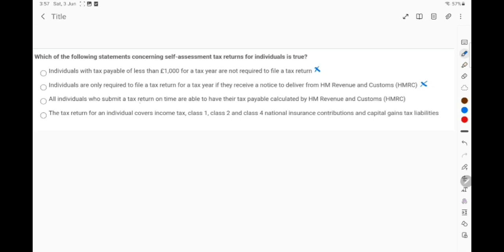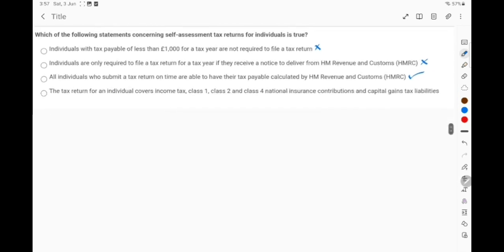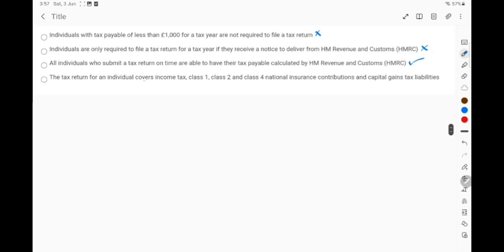All individuals who submit a tax return on time are able to have their tax payable calculated by HMRC. Absolutely right. The tax return for an individual covers income tax, class 1, class 2, class 4 NIC and capital gains tax liabilities, so this is also not true.